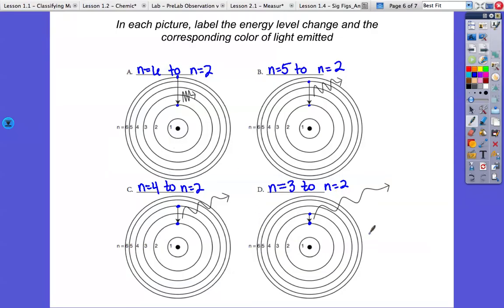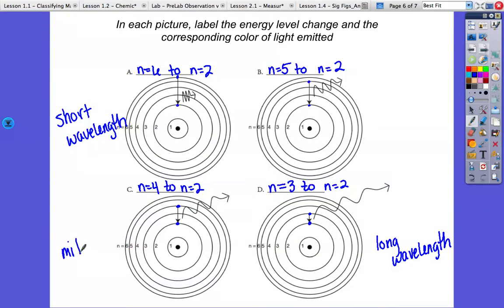So our longest wavelength is here in D. And then our shortest wavelength is in A. C is a little bit longer than B, so this is going to be our mid to long wavelength.